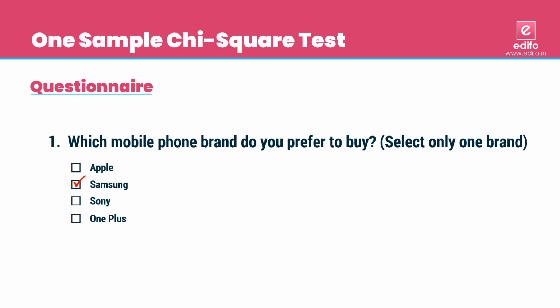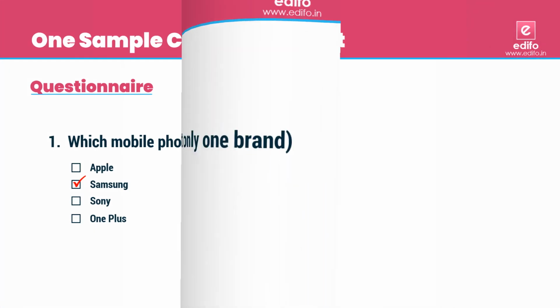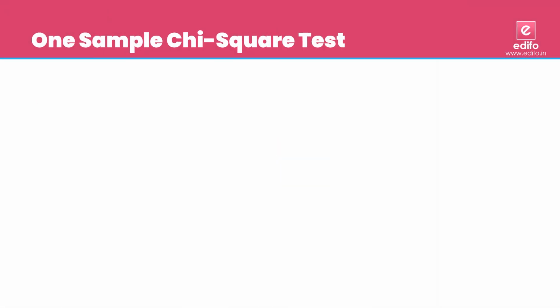Now, we move to the next section, that is, what is a chi-square test? Chi-square test has 2 variants, that is the one-sample and the 2-sample chi-square test. In this video, we are discussing only the one-sample chi-square test. I will discuss the other, the 2-sample chi-square test, in the next video.